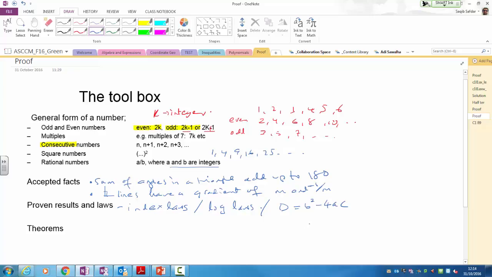You don't need to go around proving that, but that gives us the nature of the roots. Theorems are things like Pythagoras, the circle theorems, and also trig identities.